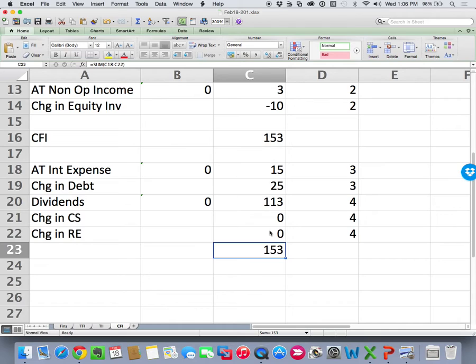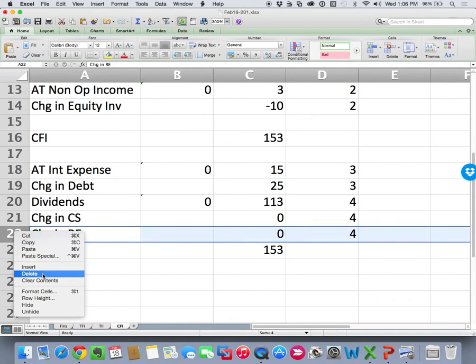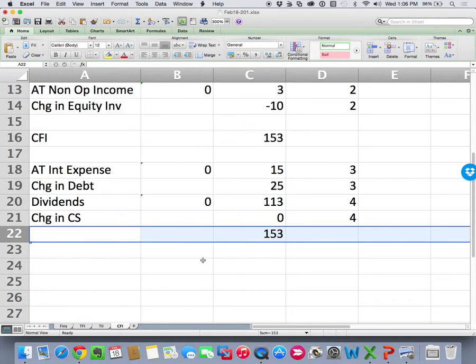So that's where we start to run into trouble. When we have balance sheet items that are non-cash accounts, and we see non-cash accounts change, we can't put them on the CFI. And retained earnings is an example of a non-cash account. So therefore, it's not on our CFI, and when we remove it, we now have a balancing statement.